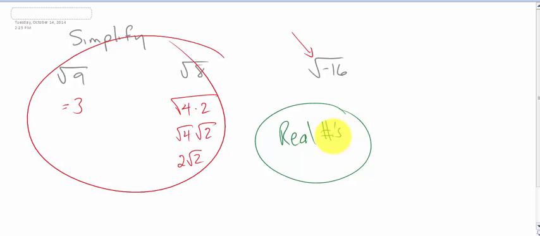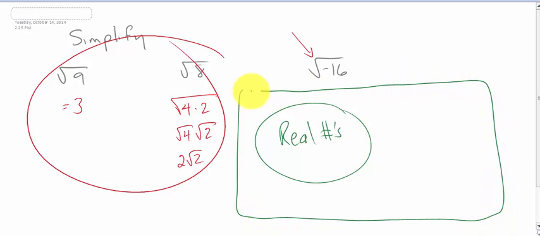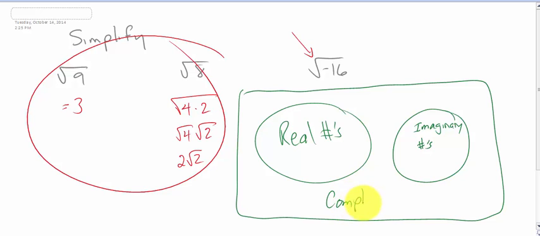And we've talked that that's the biggest set there is. Well, actually, there's a couple other groups. There's imaginary numbers. And then imaginary numbers and real numbers are members of the group we call complex numbers.